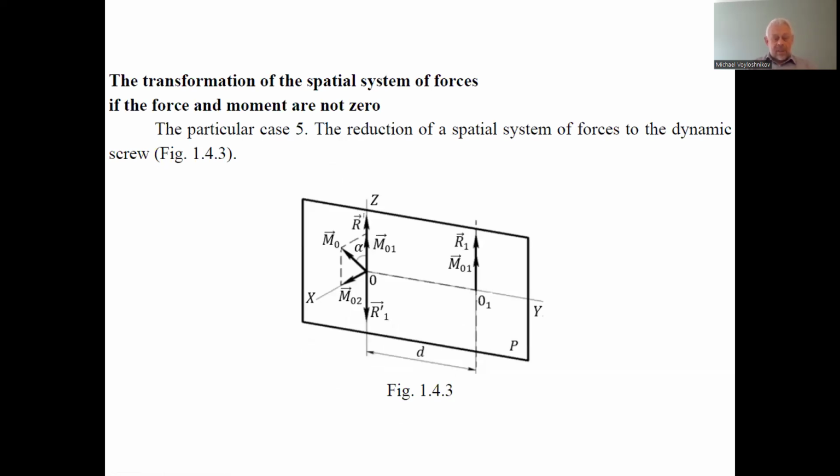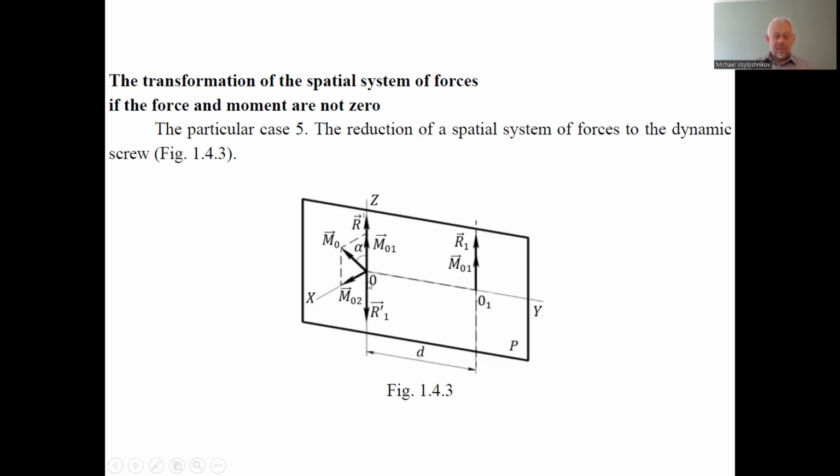In the particular case of reducing a special system of forces to a dynamic screw, we can consider as well that the resultant force R and the main moment are inclined at angle alpha.